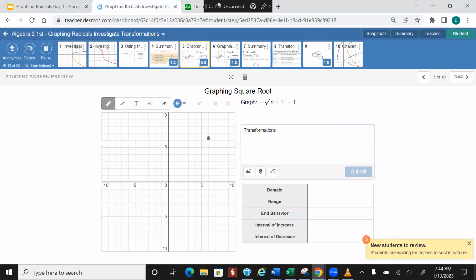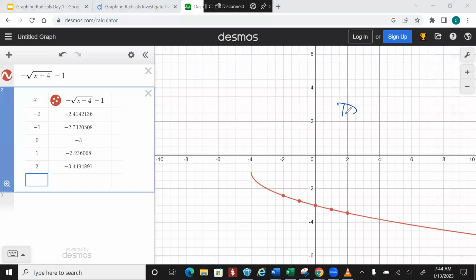Okay, so we're gonna try to find the domain, the range, the end behavior, the increase, and the decrease. Okay, so for domain, what's my farthest left x value? Yep. What's my farthest left x value?